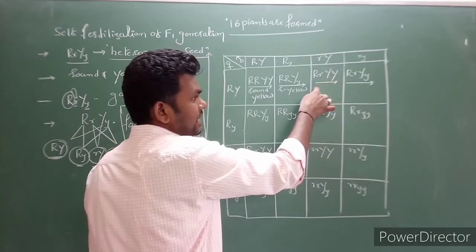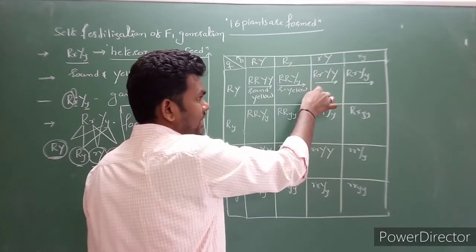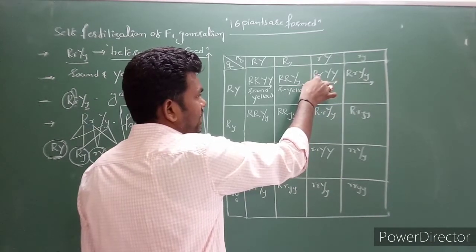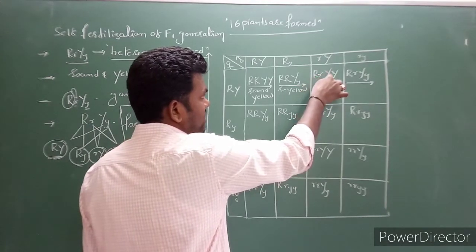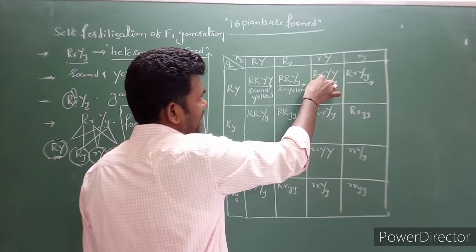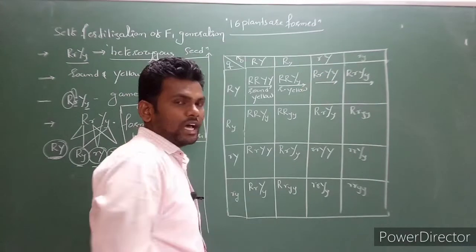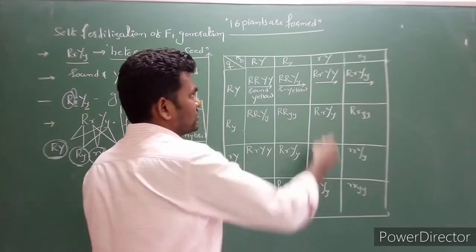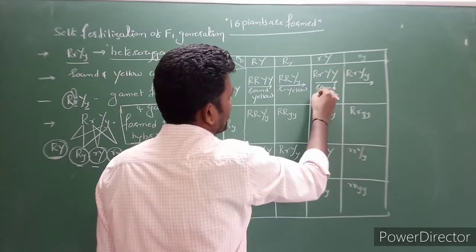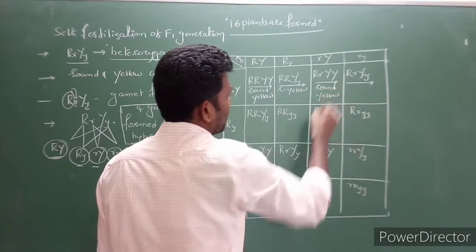How am I going to write the characters? Here we have to consider only the capital R character as well as the capital Y character. We are not going to consider the small r character. Why? Because it is recessive in nature. So write the character: round, capital Y is yellow.